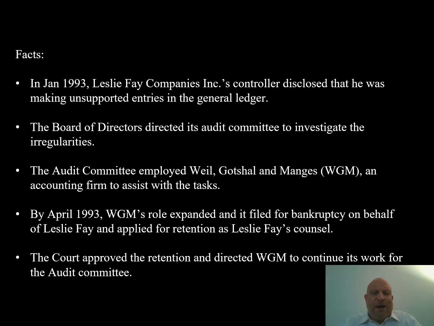So Leslie Fay: it was disclosed by the controller in 1993 that he was making unsupported entries in the general ledger. So all the reporting was bad and had enormous implications for Leslie Fay. They had to file for bankruptcy, and the numbers were all made up, essentially.